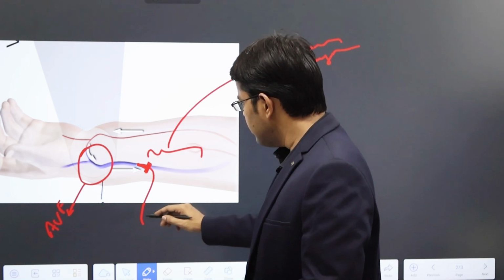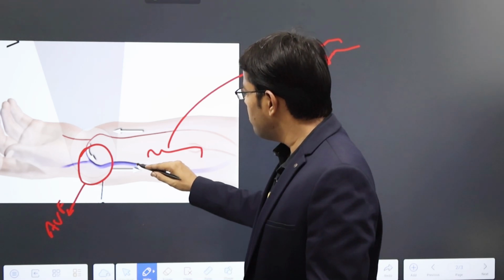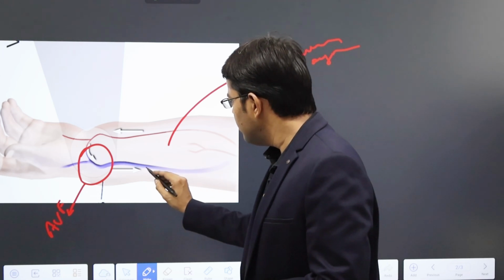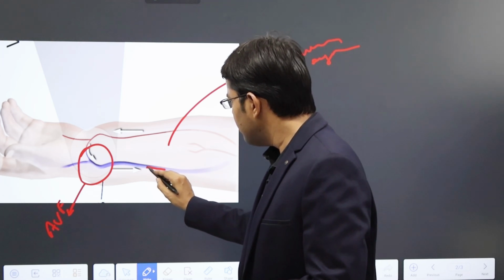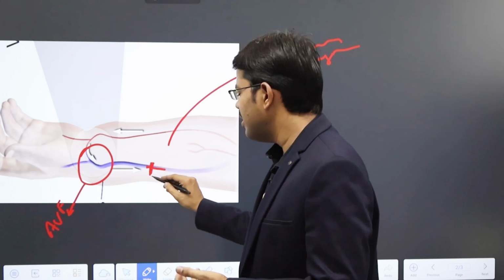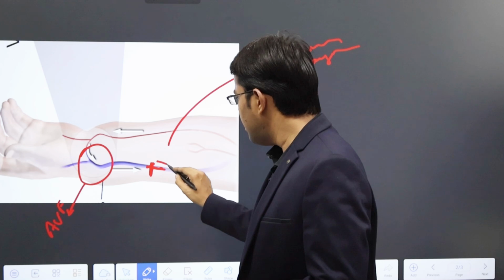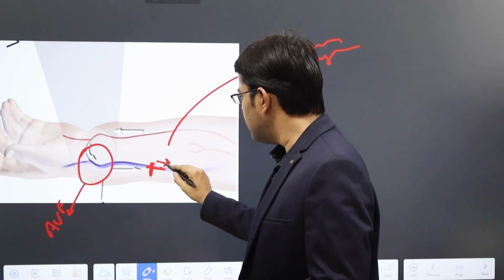Let us erase this. In that particular patient, the direction of the arterial needle, whether the technician was not aware or for some other reason, was cannulated like this, towards this side.